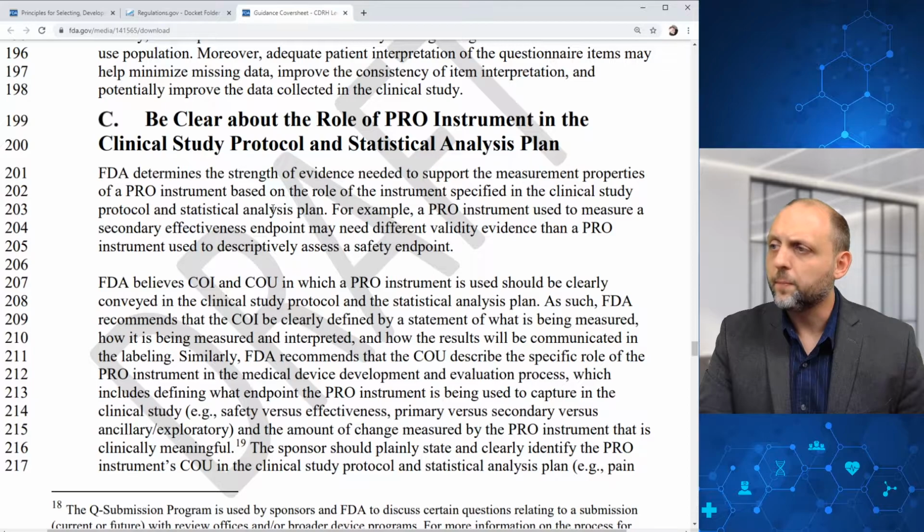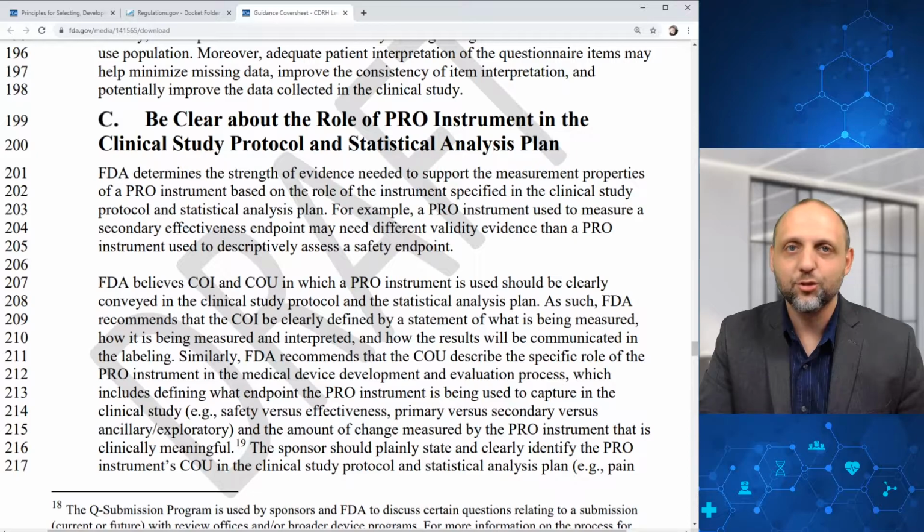For example, a PRO instrument used to measure a secondary effectiveness endpoint may need different validity evidence than a PRO instrument used to descriptively assess a safety endpoint. FDA believes COI and COU in which a PRO instrument is used should be clearly conveyed in the clinical study protocol and the statistical analysis plan.